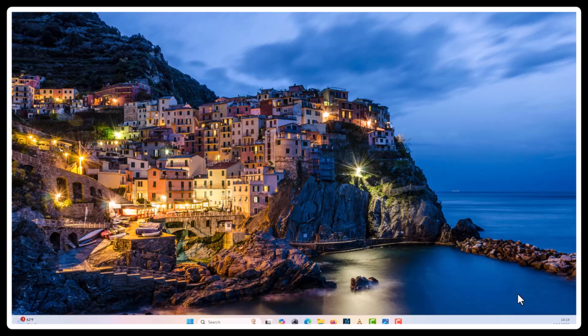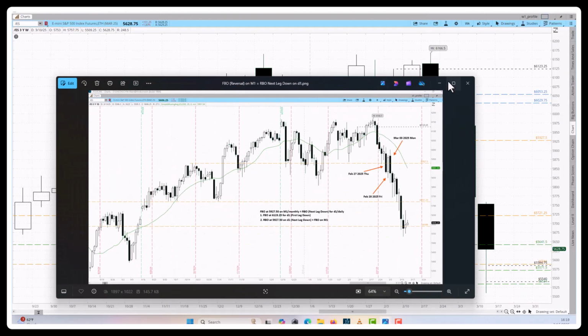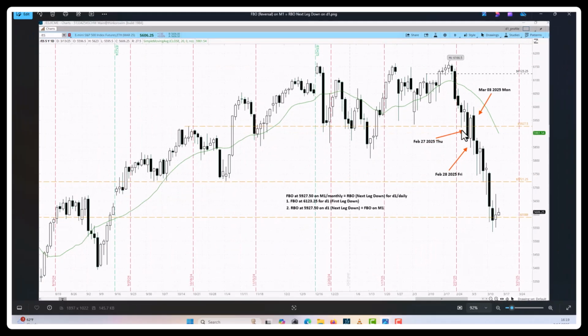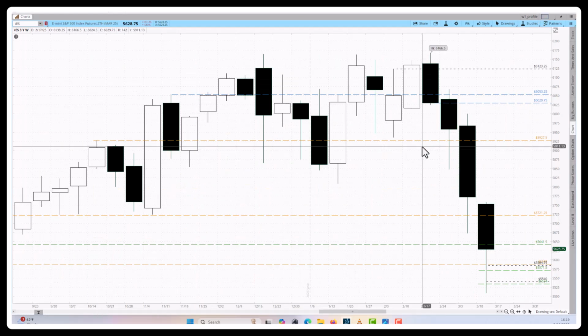On the daily we see that level manifest itself as a real breakout setup. Basically break, reverse, and then boom, next leg down. That's typical of the real breakout, second leg down, beautiful right there. But we don't see that in the weekly level.